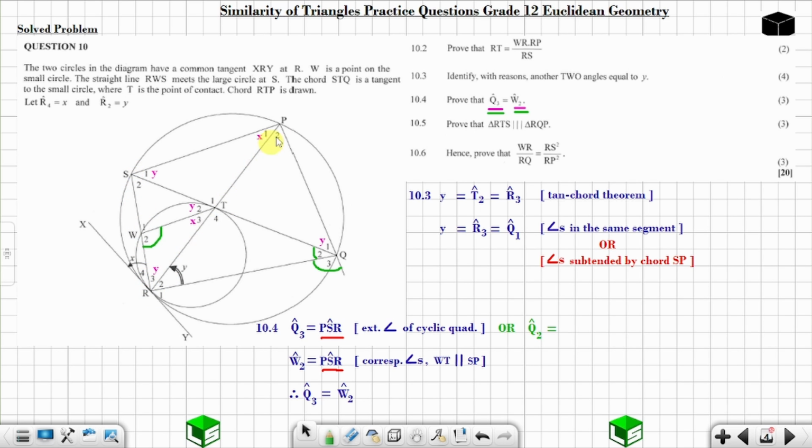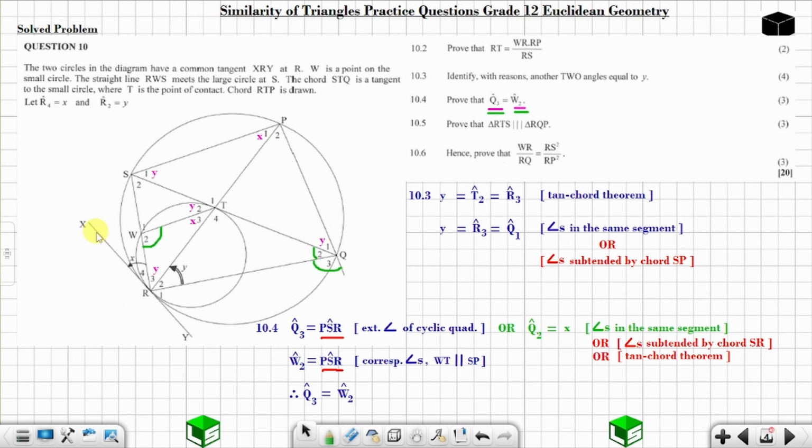Okay, you can follow the lines. Okay, the same chord SR. So angle Q2 is equal to x. The reason is you have angles in the same segment, or you can say angles subtended by chord SR, or you can say tan-chord theorem. So if you don't have this angle, you can find this angle using this angle.